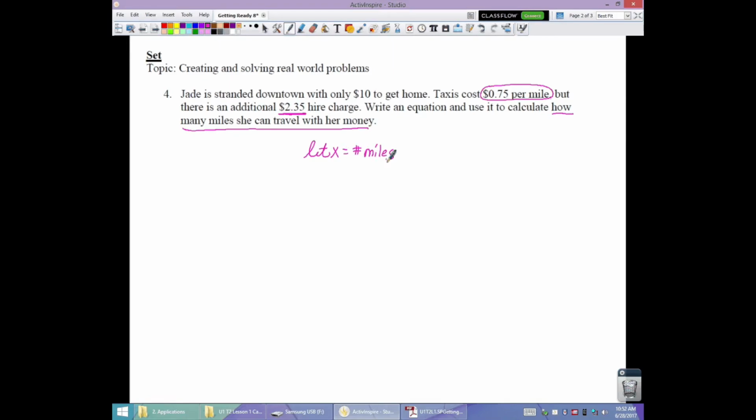Okay. Now, every mile she travels will cost her 75 cents. So 75 cents times the mileage x. But we have to remember to add on the $2.35 hire charge, the flat fee. And she only has $10 to get home. So this better equal $10.